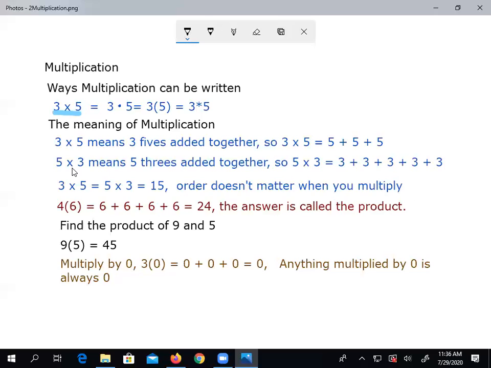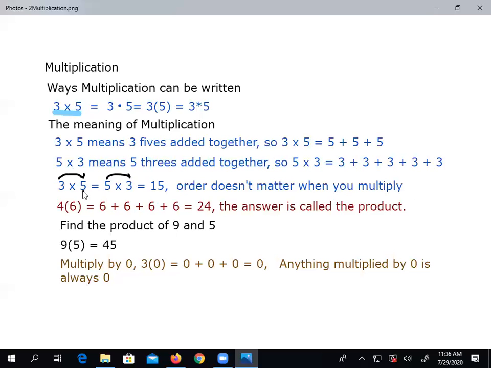But the cool thing about multiplication is 3 times 5 is the same thing as 5 times 3. Either way you do the problem, you're still going to get 15. So multiplication can be read in any order. You can go 3 5s, or you can go 5 3s.